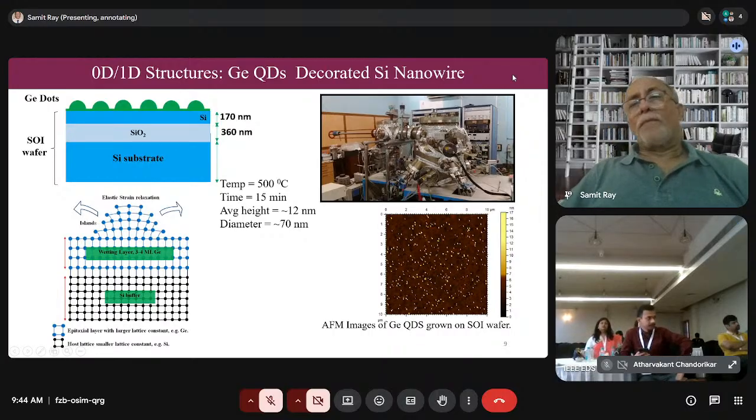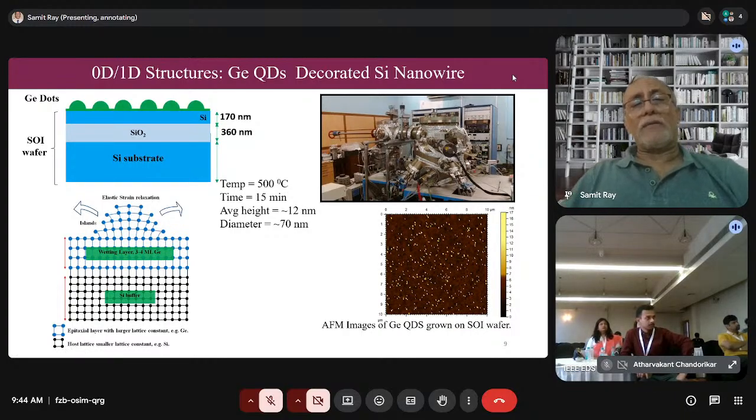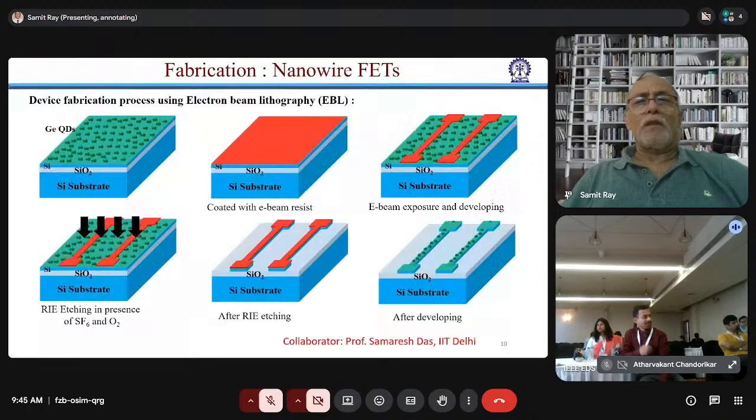The growth has been done by the MBE technique, which we have in the science lab, and this is a typical growth condition. The growth temperature is quite low, only 500 degrees centigrade. The average height of these nanoclusters is 12 nanometers, and the diameter is typically 50 to 70 nanometers. Now, by using electron beam lithography and photolithography, we start processing devices.